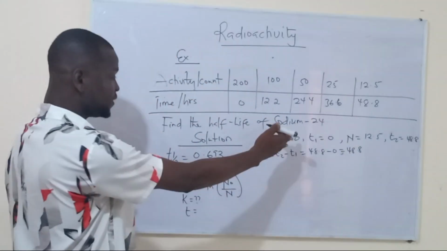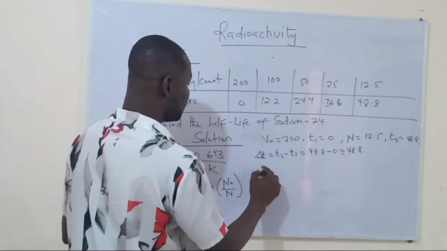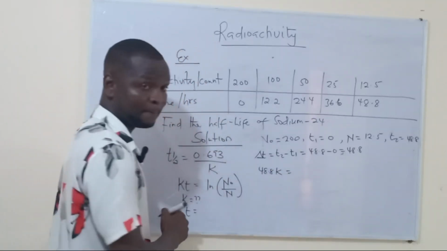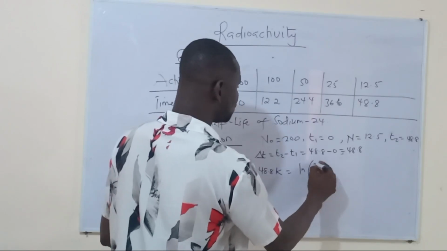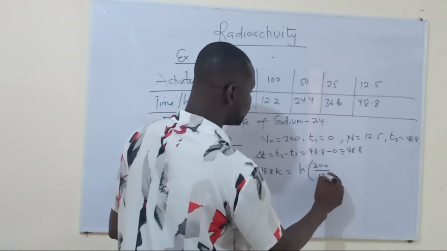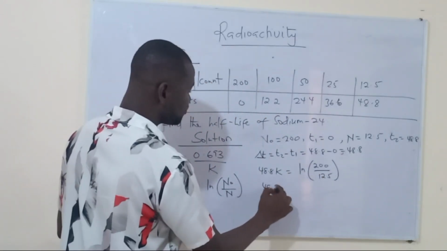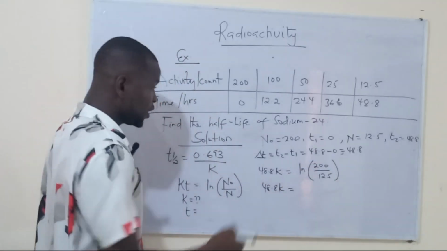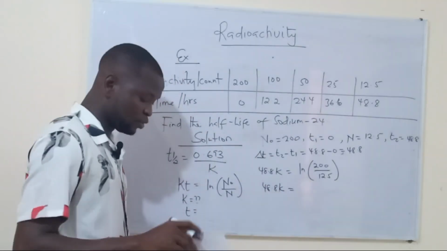I'm going to substitute this data into this formula. So I'm going to get 48.8 times K will give me 48.8K. I'm going to have in brackets my 200 divided by my 12.5. So 48.8K is equal to ln of 200 divided by 12.5 using your calculators.